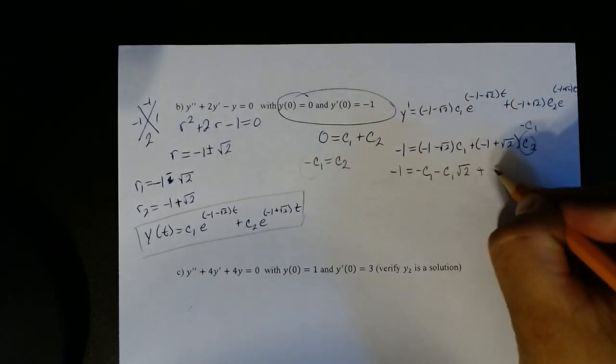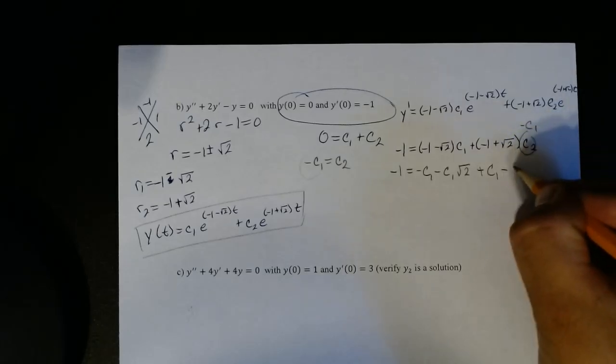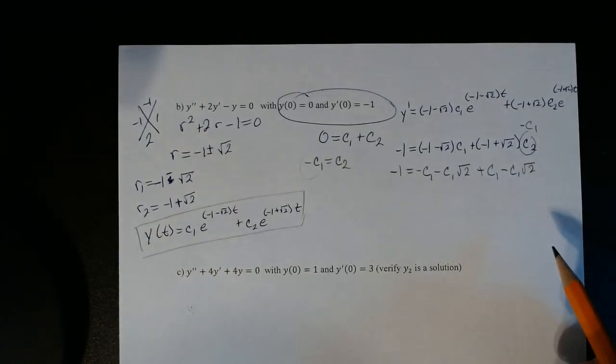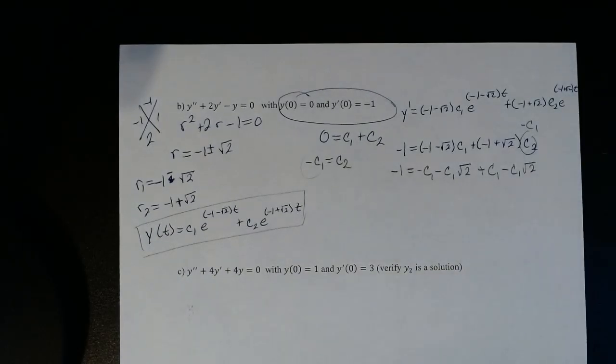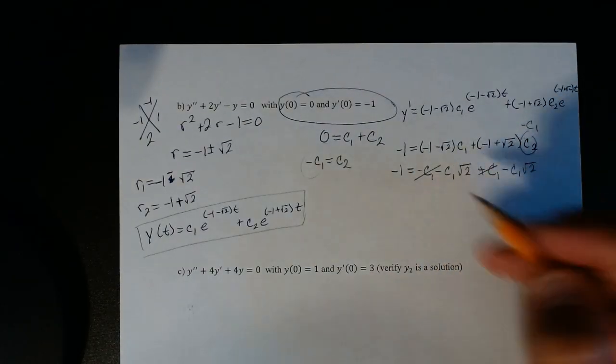This becomes positive, and this becomes negative. So these cancel. Put those together.